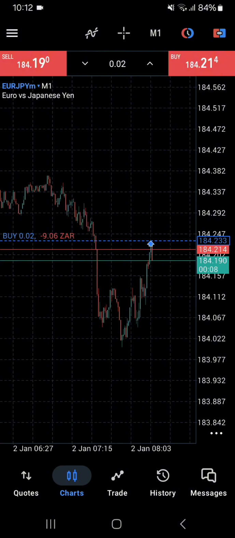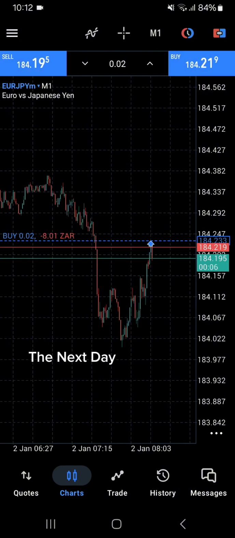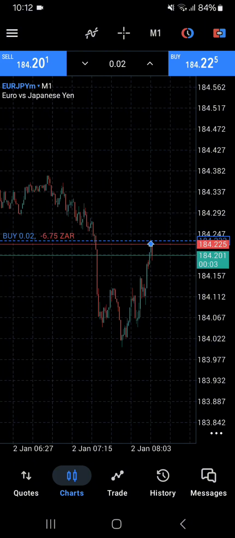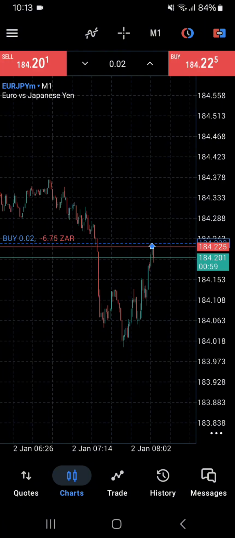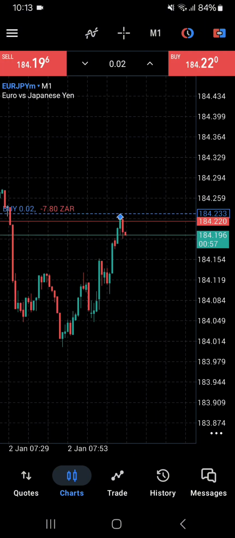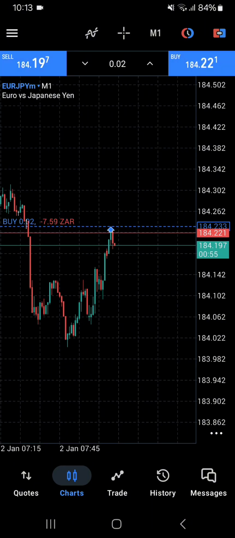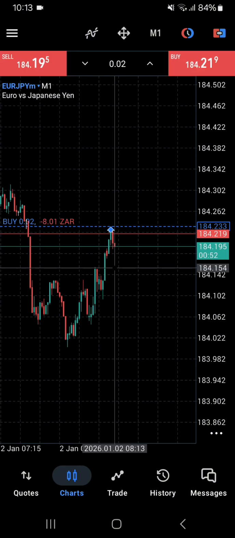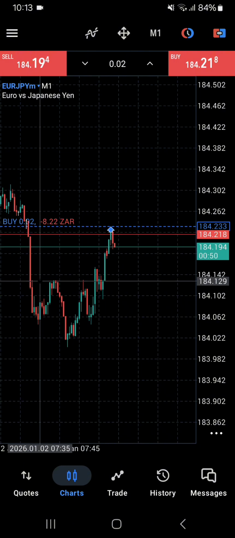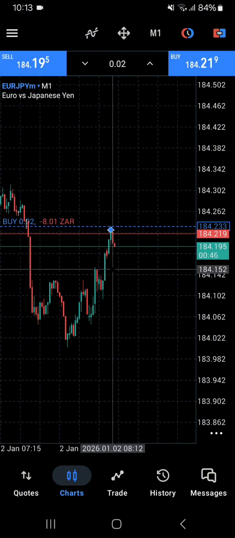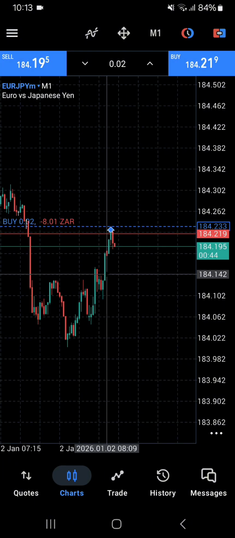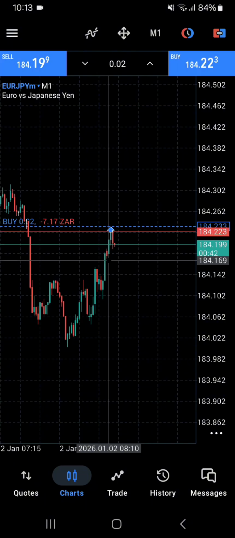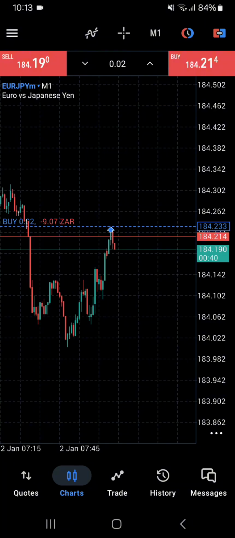I just took a trade on Euro JPY, and I'm a bit disappointed because this looks like a very good trade and I entered late. But it still looks like a good trade. Maybe if it comes back here, I'll re-enter the position. I would have wanted to enter somewhere around here after this candle close, but it's okay.